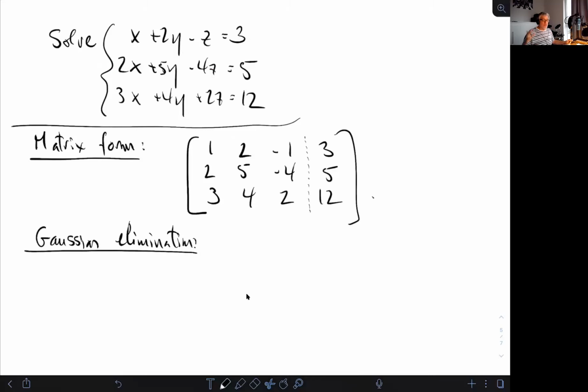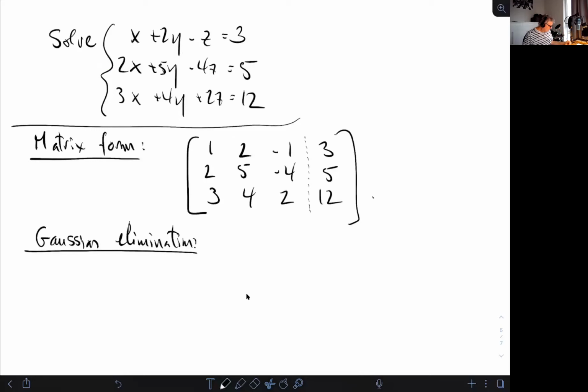So again, how does this work? We have 3 kinds of row operations that we can use. We can exchange any rows we want. We can multiply a row by a non-zero number, or we could add to one row a multiple of another row. Okay, so these are the 3 kinds of operations that we can use. And if we use them in the right order, we're going to get this matrix into upper triangular form, which means that we can now use back substitution to solve the system.